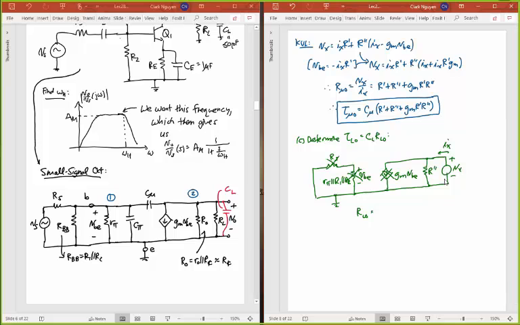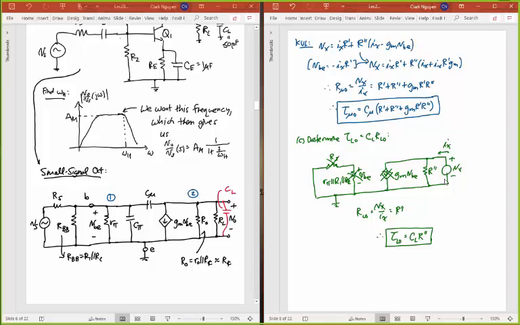Now let me be formal about that and say that's Vx over Ix is just equal to R double prime. And therefore, the tau associated with CLO, tau LO, is just equal to that capacitance times R double prime. And this is what we end up getting.